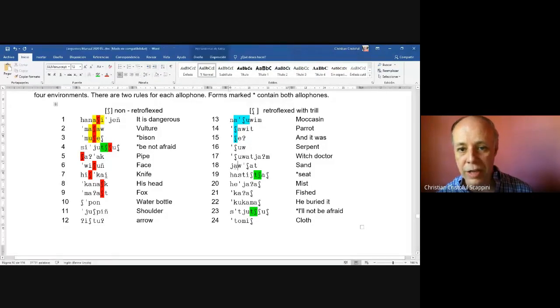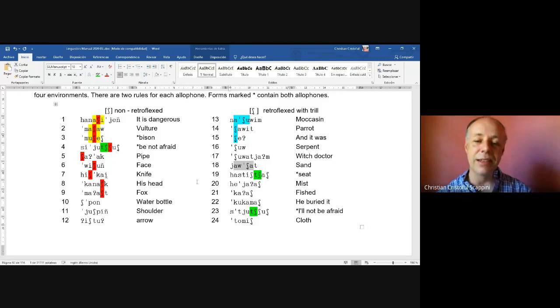Also, this one, for example, in this case, we can say that the sound occurs in intervocalic position. Yes, we can say that, but there is a W in between. What if we erase the W? That would be better, but no, we cannot do that.